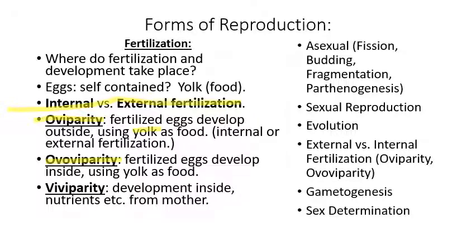And then finally, viviparity is where you have fertilization on the inside, and then the egg completely develops on the inside, and as the rudimentary animal is developing, it receives nutrients from the mother. It is not living off of a yolk. Humans, for instance, do that. You don't see a yolk inside pregnant women. They are getting nutrients from the mother's blood supply.